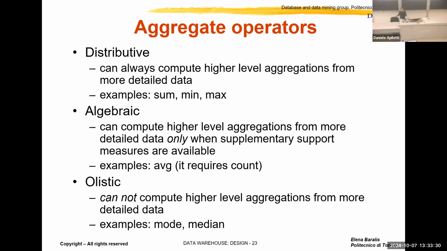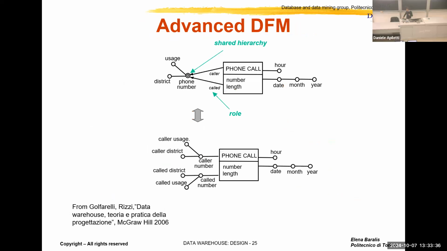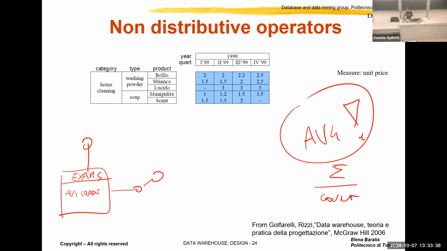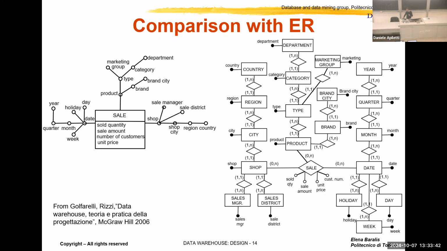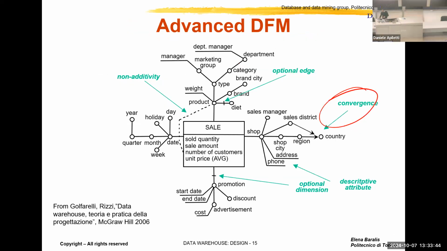The count, the same. So if you take as an example the sales case, we have the sold quantity, that's the number of items, and the sale amount, that's the amount in euros. If you take the two, you can easily compute the average income per item.